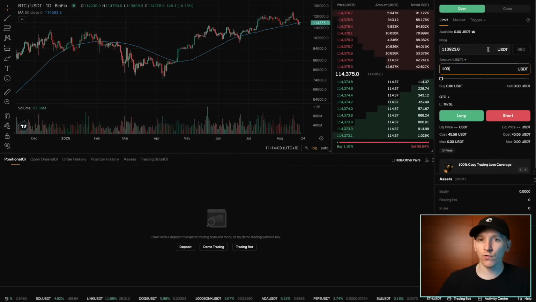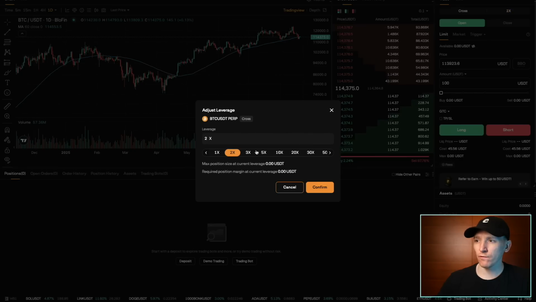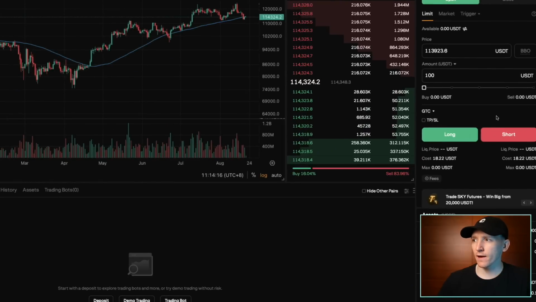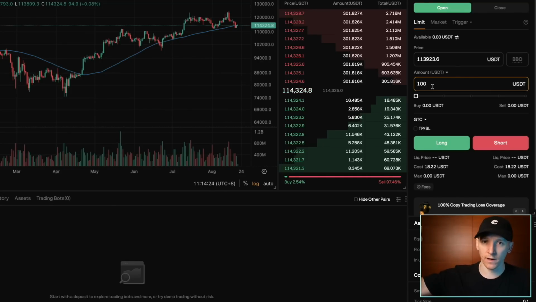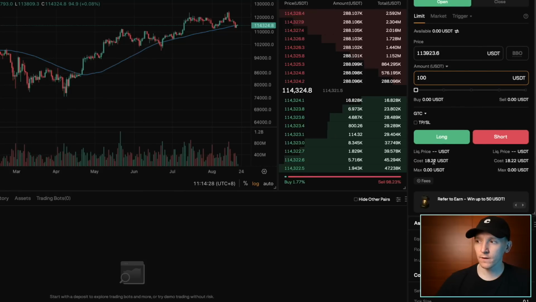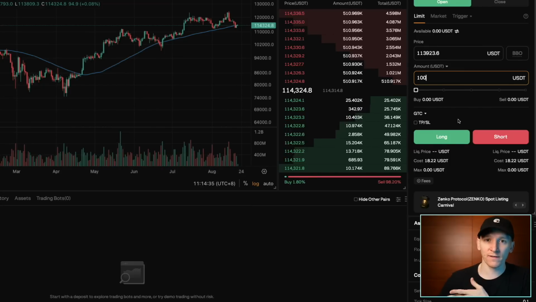Let's go and increase the leverage to 5x. Press confirm. You'll notice now that my position size hasn't changed. That's what I want to trade with the market. I'm telling the trading system, this is how much I'm trading, and that's the position size. But you should see the cost now is lower, right? It's, let's say, $20, which is a fifth of 100, because I'm using 5x leverage.